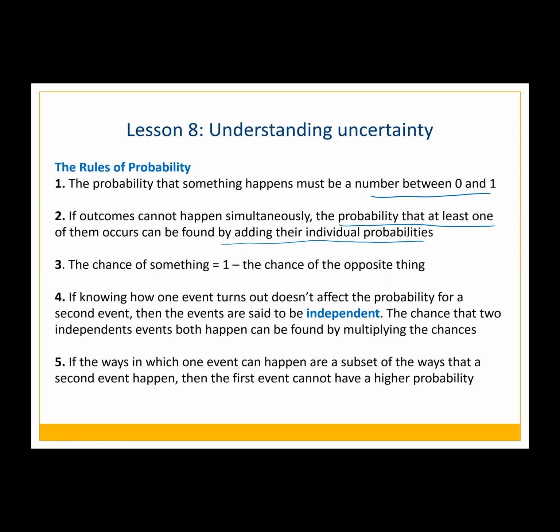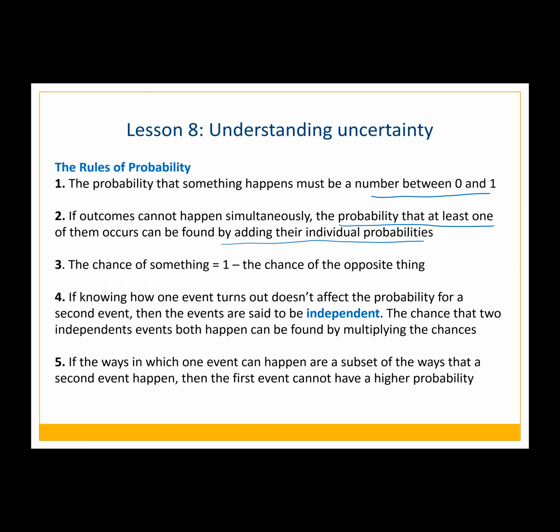So say you want to find the probability of something being at least bigger than a number, then you have to add the probability of your value being bigger than that number and the probability of your value equaling that number.